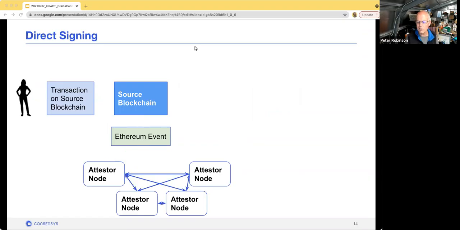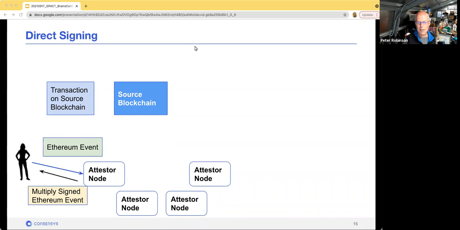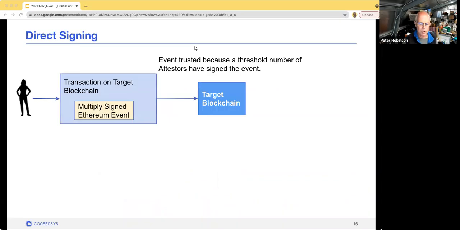They see those events, they then cooperate to mutually sign the events. And then the user can ask for that multiply signed event, and then submit their transaction on the target chain with that multiply signed event. And in that way, the target blockchain is going to trust the information because they trust their signers.